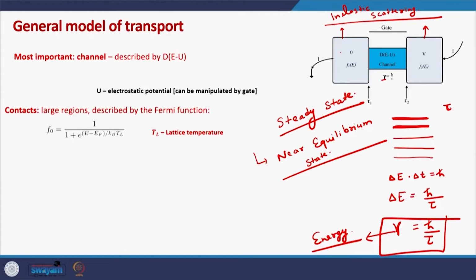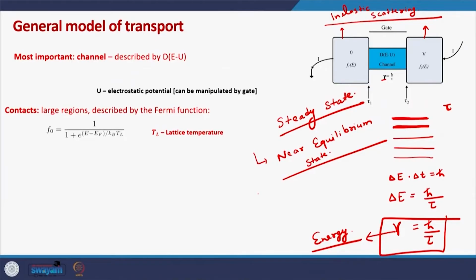And because the contacts are large, even if some electrons go from contacts to the channel, or some electrons come from the channel to the contact, it will not change the population of electrons significantly in the contacts, because there is already a huge population of electrons in the contacts and no significant change in population takes place because of the electron flow.